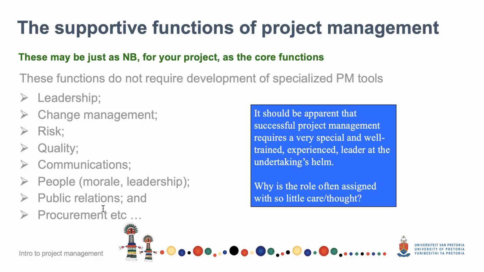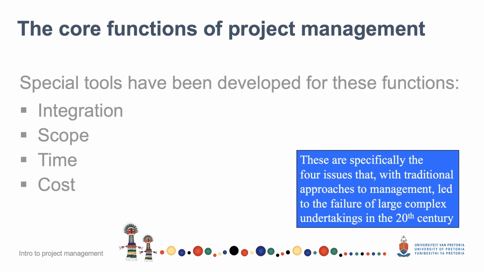So the only reason we call these supportive rather than core is not because they're less important. It's because actually they don't need special PMBOK sets of tools in order to reduce the risk to the project. So just be very clear about supportive versus core functions of project management. This is the core of what PMBOK is all about. It's managing these 4 aspects specifically.